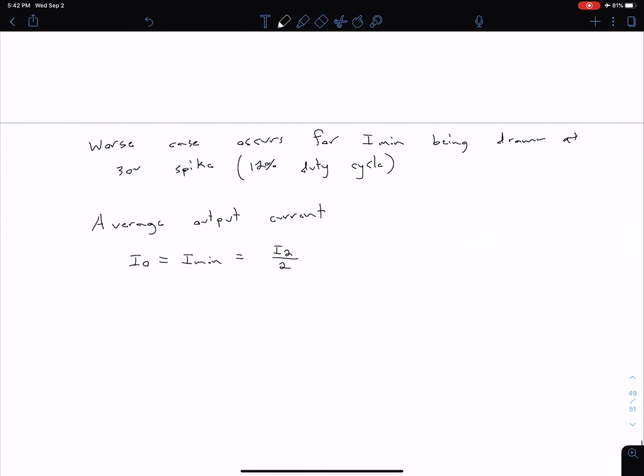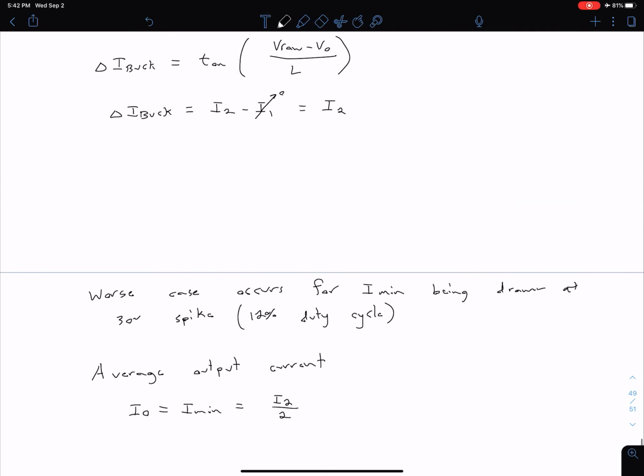Okay. So now we want to combine some of these equations.